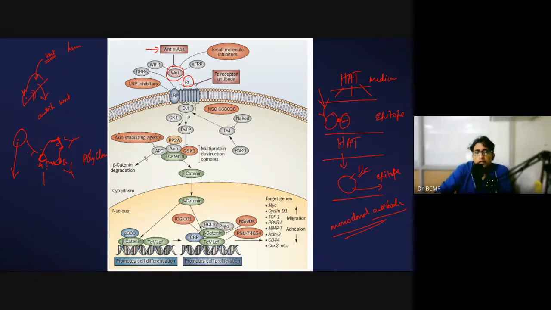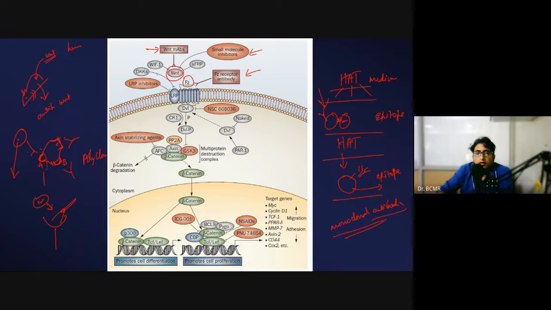We can also try small molecule inhibitors like I described before. We can also try antibodies against Frizzled. If the antibody is already binding the receptor, then Wnt may not have a probability of interaction with it, and therefore it will not be active. That is another way.